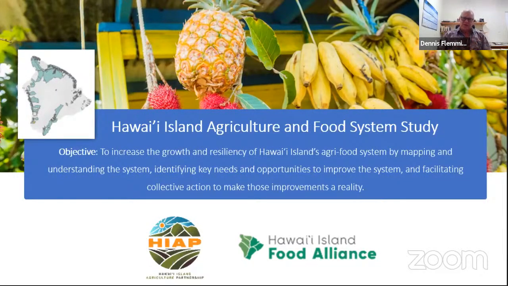And as a starting point in our work with that partnership, we did an agriculture and food system study over the last about a year, looking at mapping the whole agri-food system, what are the key needs and opportunities in the system, and what are the collective actions that people can take to make the system work better.